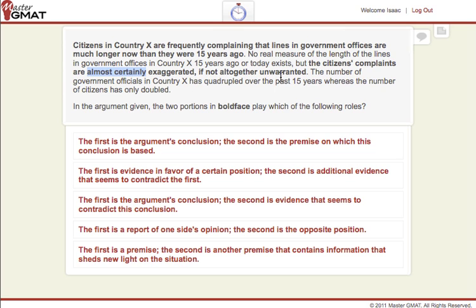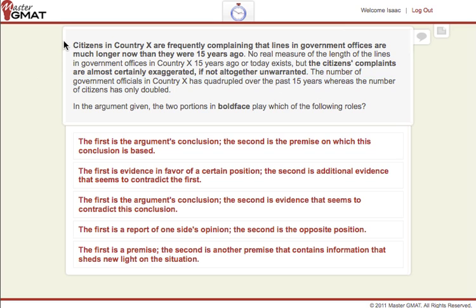Okay, so we have a conclusion there, and actually the last sentence goes back to being a premise that contradicts the citizens' complaints in the first boldface and supports the actual conclusion. Now, just based on this, without really even getting crazily into the argument itself, you should be able to eliminate things.